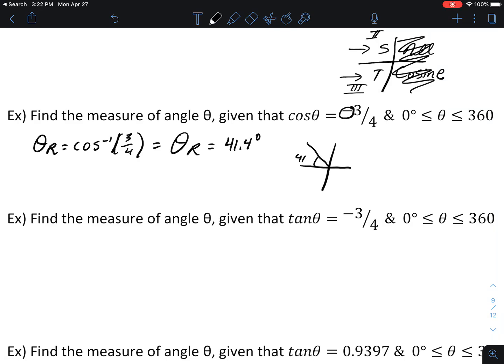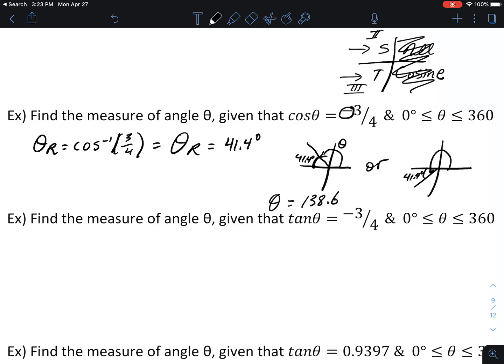Now this other piece of information, that negative sign, tells me that my reference angle is either here, and this is theta, or that reference angle is here, and this is theta. So I have two possibilities.